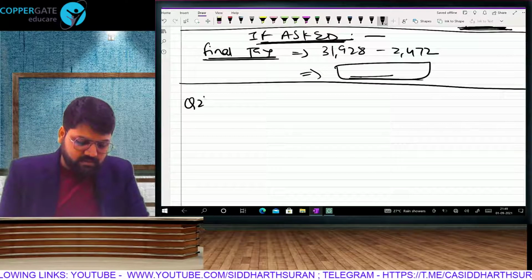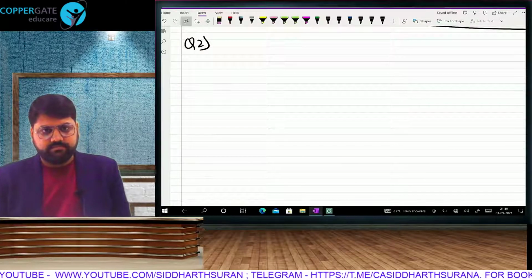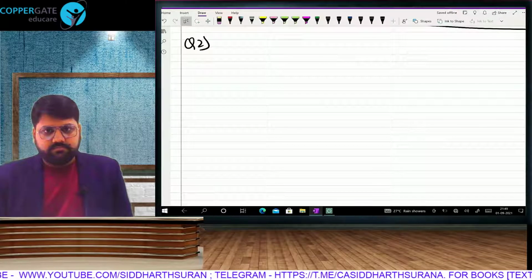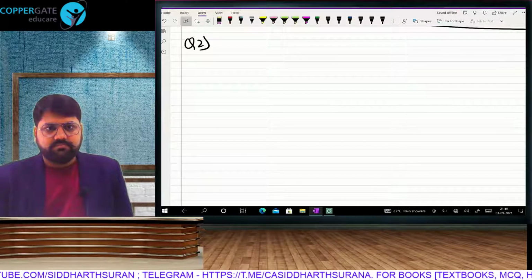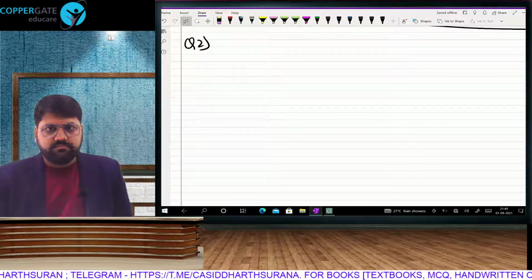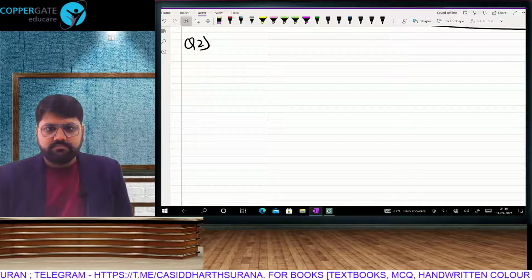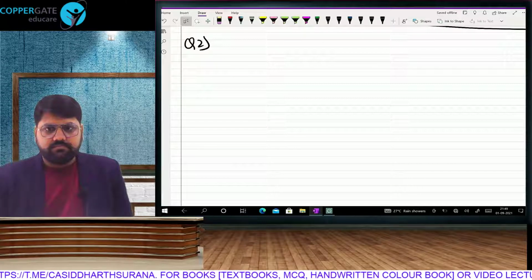Ladies and gentlemen, question number 2. Please read the question. Mr. Kamlesh Kumar, a resident individual, is a musician deriving income of 750,000 from concerts performed outside India. Tax of 1 lakh was deducted in the country where the concert was held.